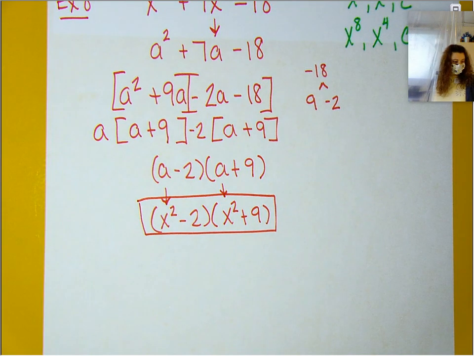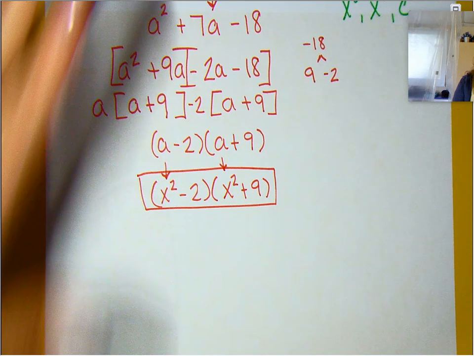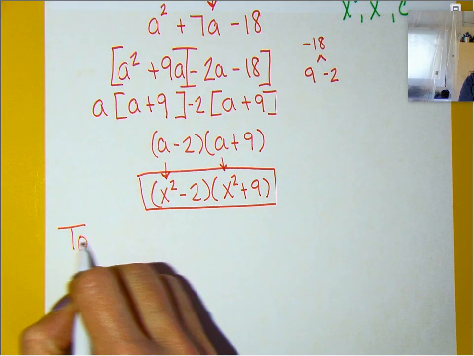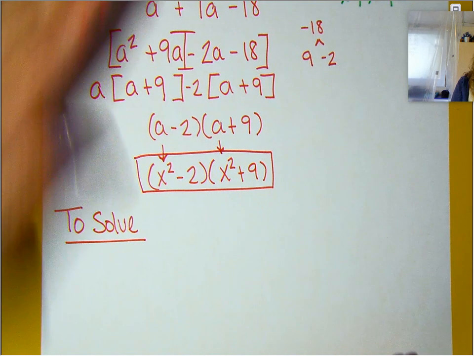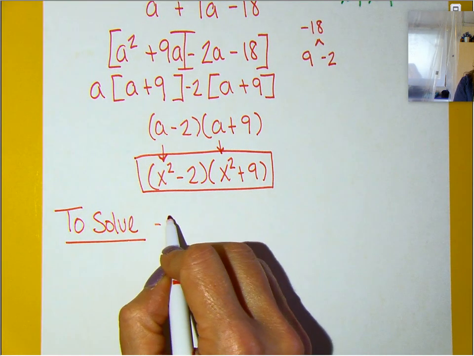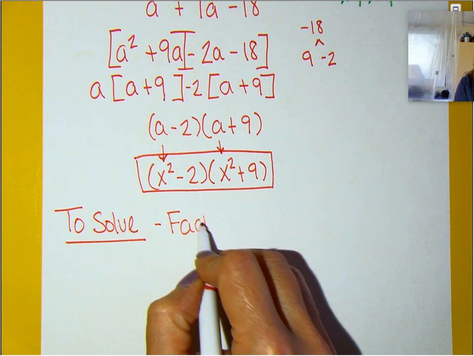That's it. Okay, so the whole point, of course, is to solve. That's why we're learning to factor. To solve. So when you're solving, just like in quadratics, you're going to factor first.